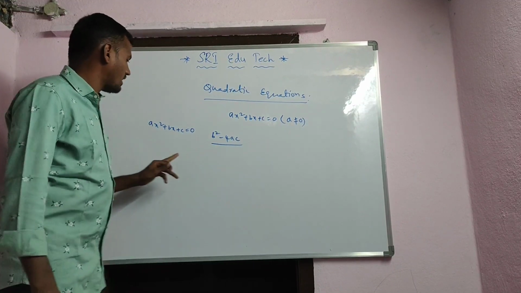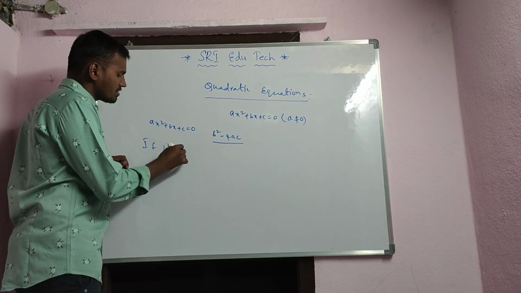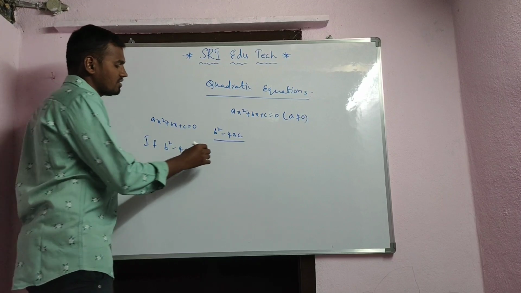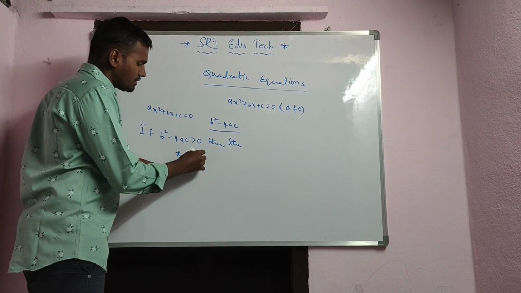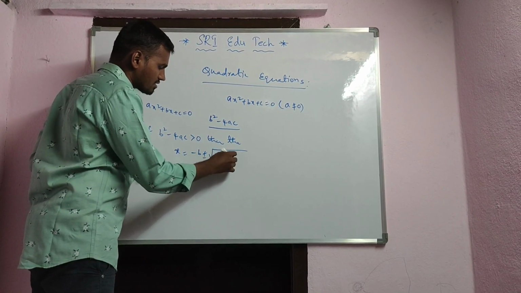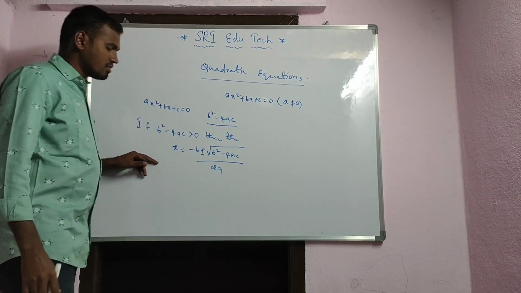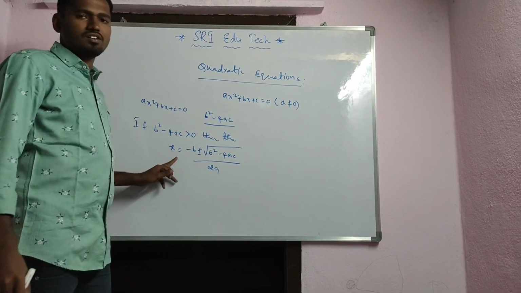If b² − 4ac > 0, then x = (−b ± √(b² − 4ac)) / 2a. So these are the roots of the given quadratic equation.